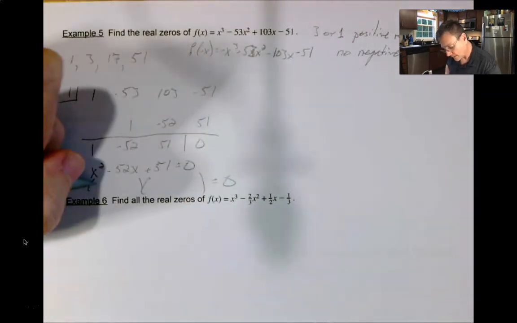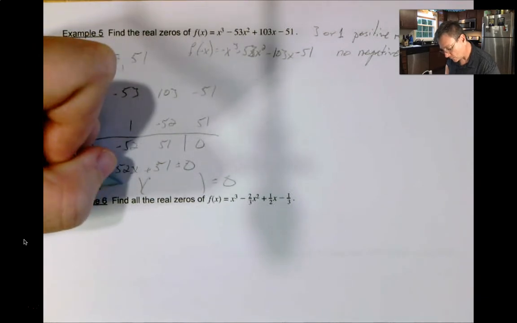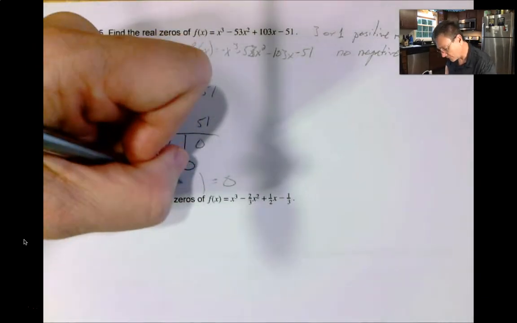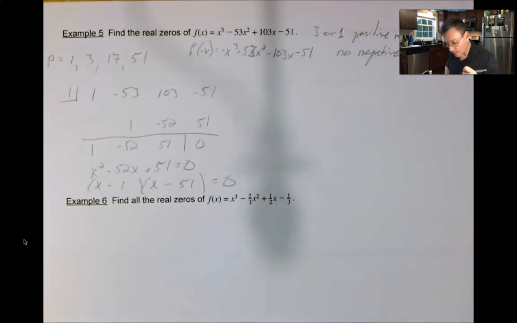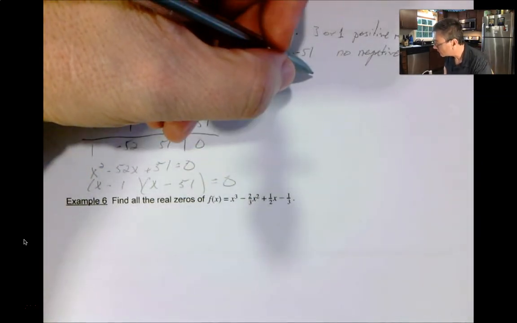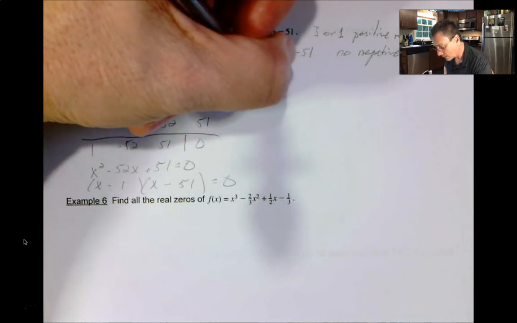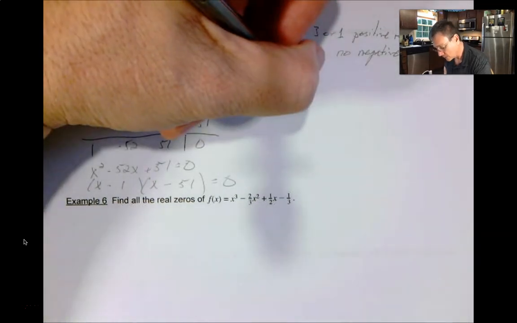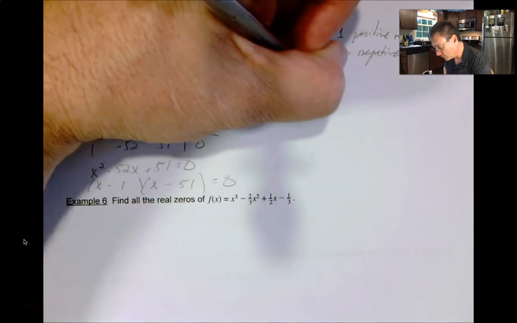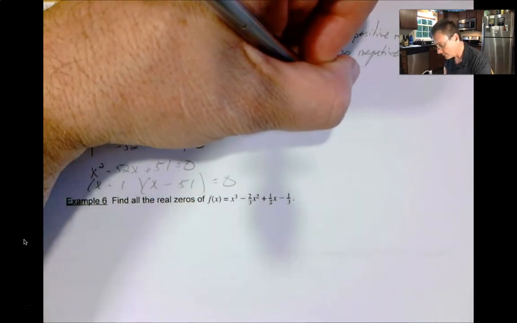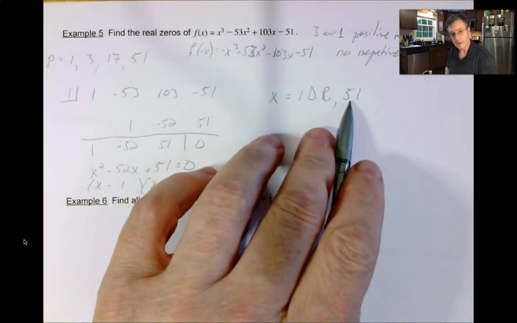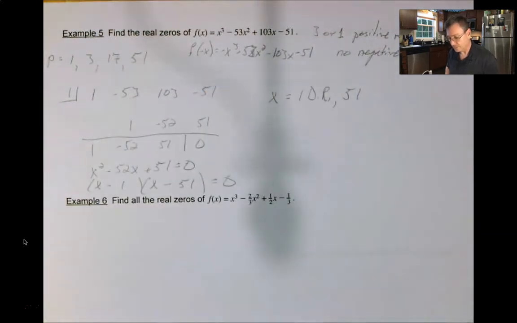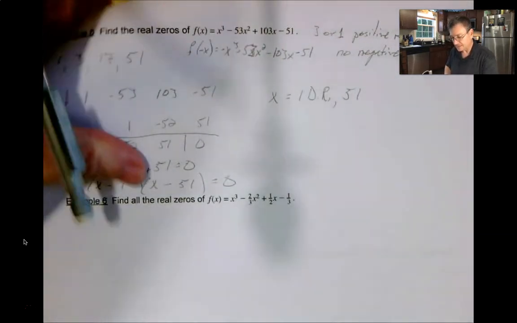We get x minus 1, x minus 51, which gives me x equals 1 double root and 51. 1, 2, 3 positive real zeros. There's example 5. Example 6.